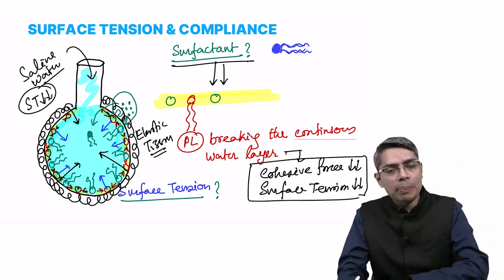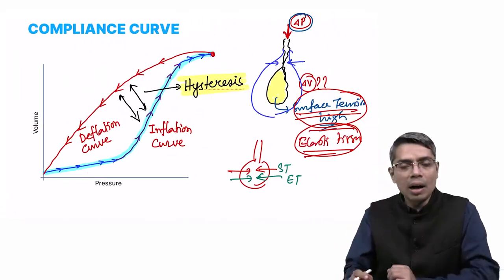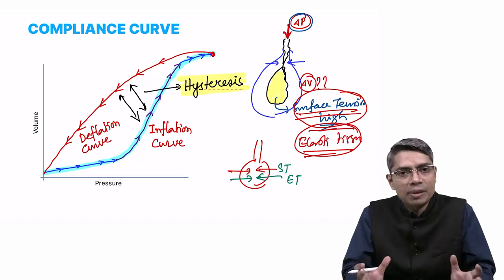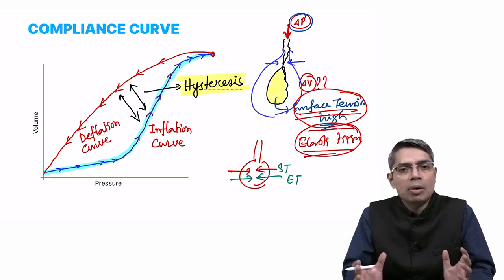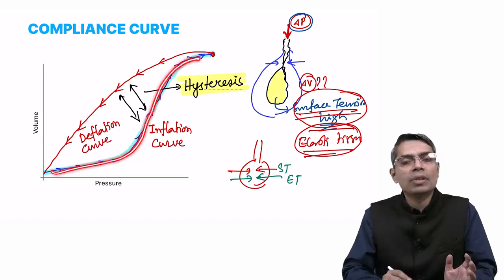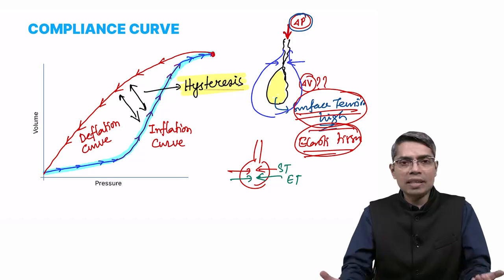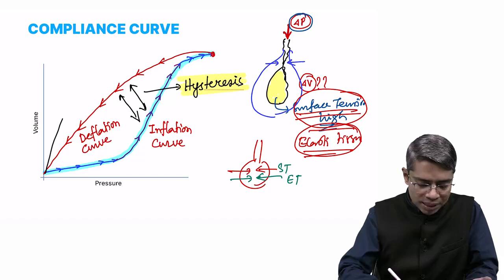So now you apply this concept in the curve. If I give you an alveolus filled with saline water, what will happen to the compliance of that saline-filled alveolus? It will be lesser than the normal curve or more than that of the normal curve? Because you are vanishing the surface tension, the compliance of that curve will be very, very high.